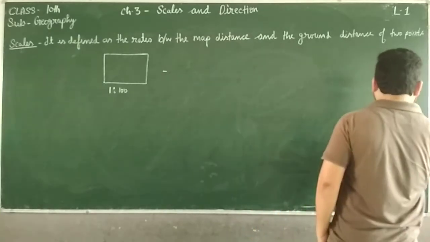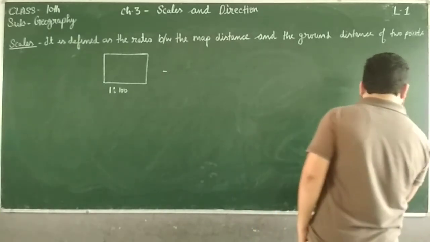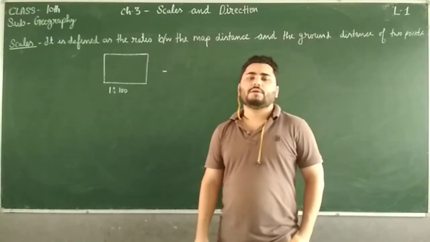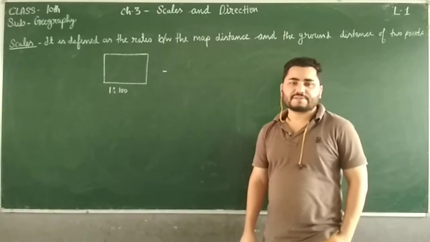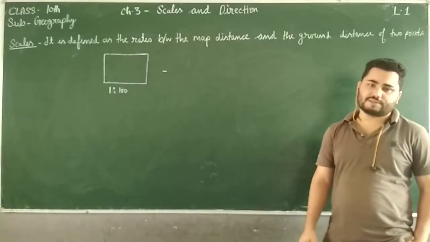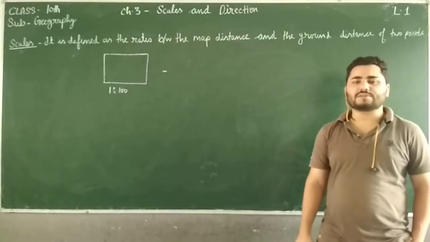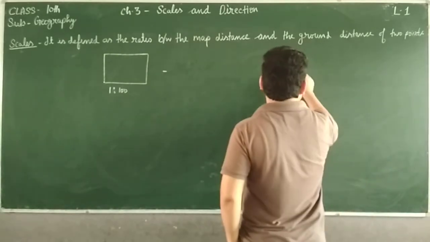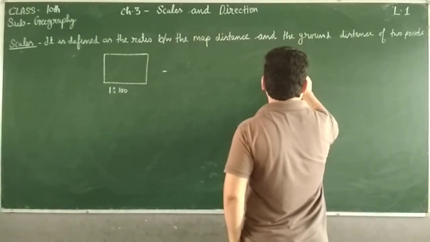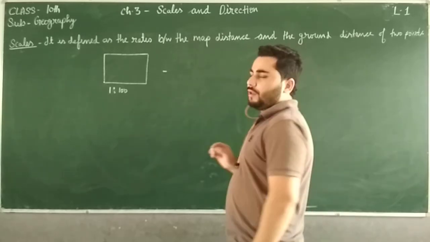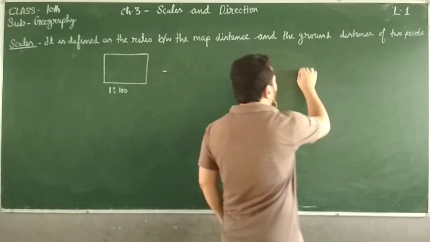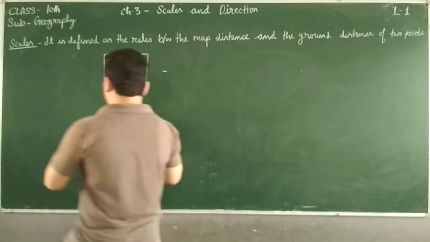Scale is the ratio between the map distance and the actual distance or the ground distance between the two places. Here I am giving the example of this board.